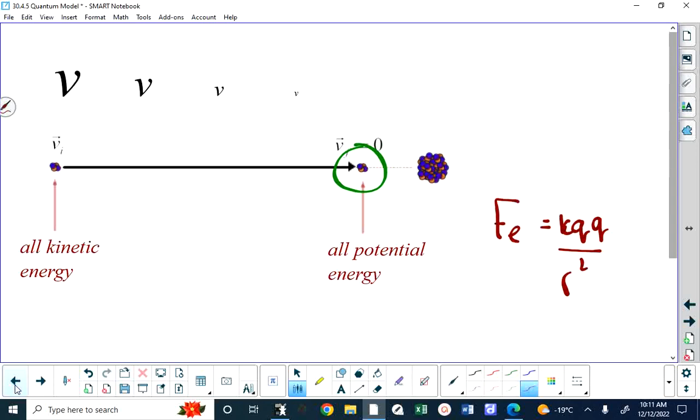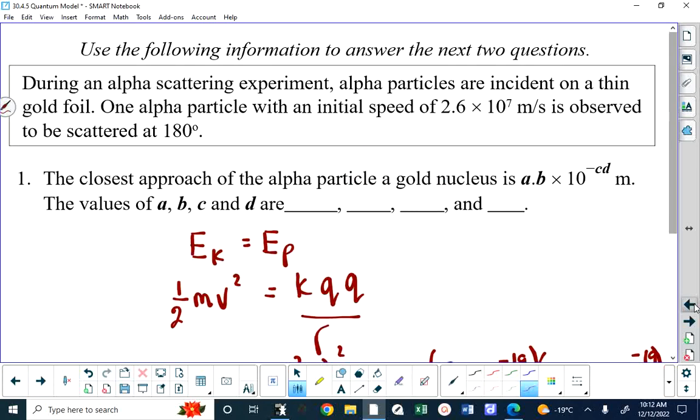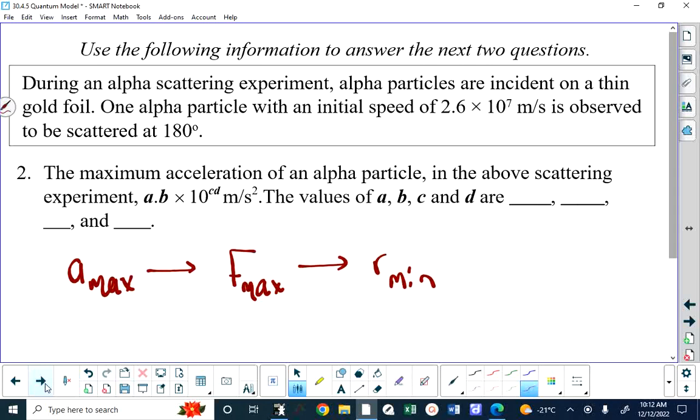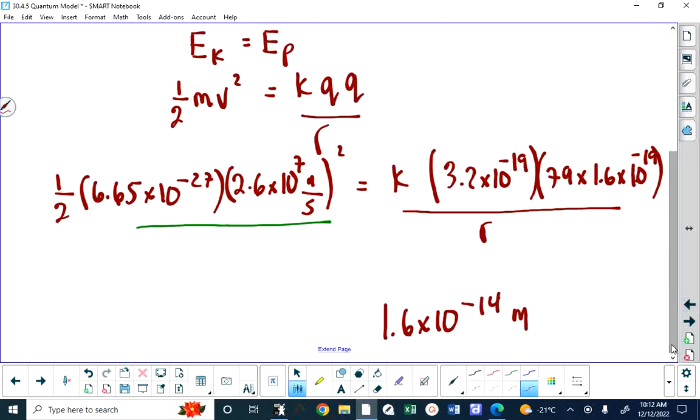The maximum acceleration, which is what we're asked for here, will correspond to the maximum force, which corresponds to the minimum distance. So what we can do is use Coulomb's law along with this distance we found to find the force repelling the alpha particle at that point, and then set it equal to ma.